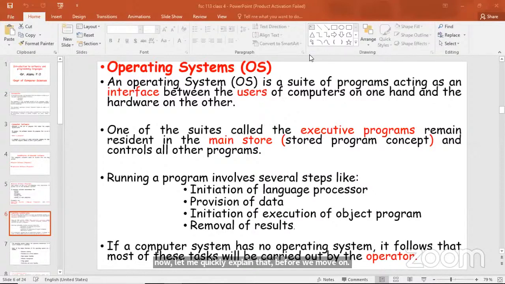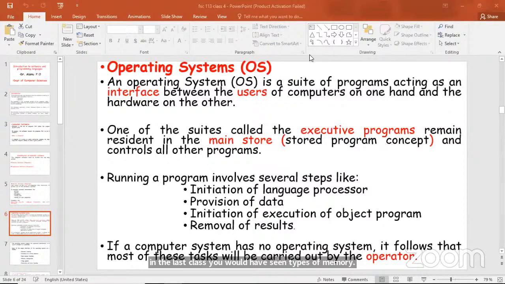All right, so the stored program concept is, let me just explain in simple terms. The stored program concept is the ability of the computer system to have programs stored in its memory. And I'm sure in the last class, you would have seen types of memory, right? We have the RAM and the ROM.